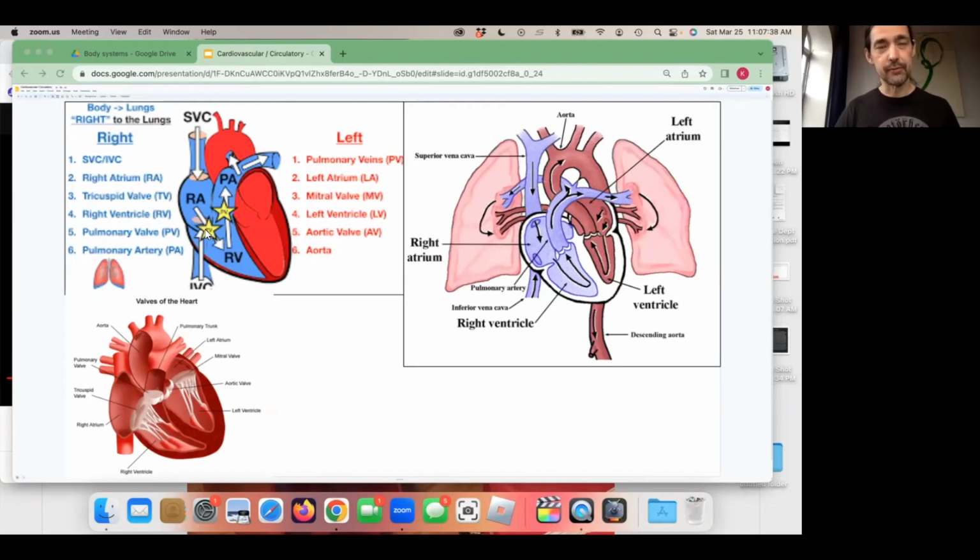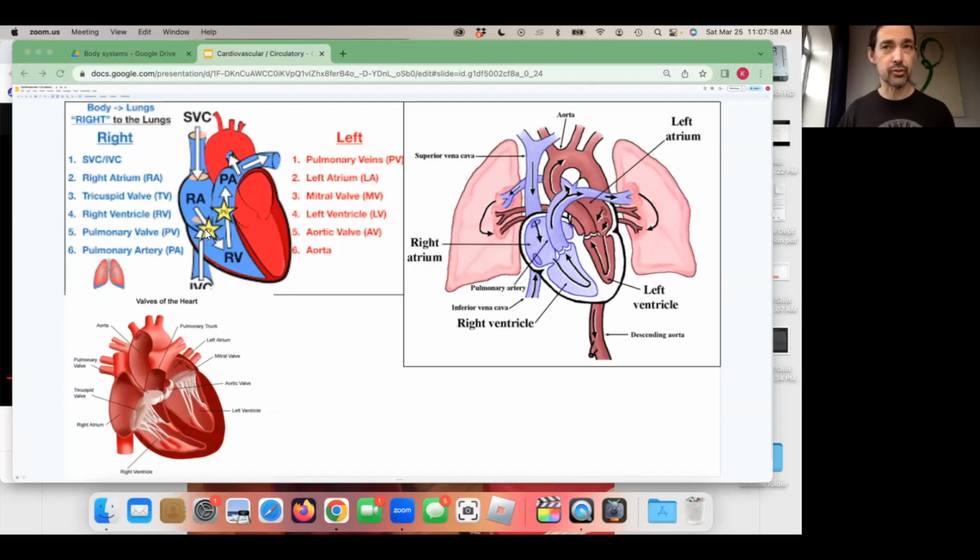And then you just have to fill in the blanks for the valves. But if you do that a few times, that cycle, it should get easier.